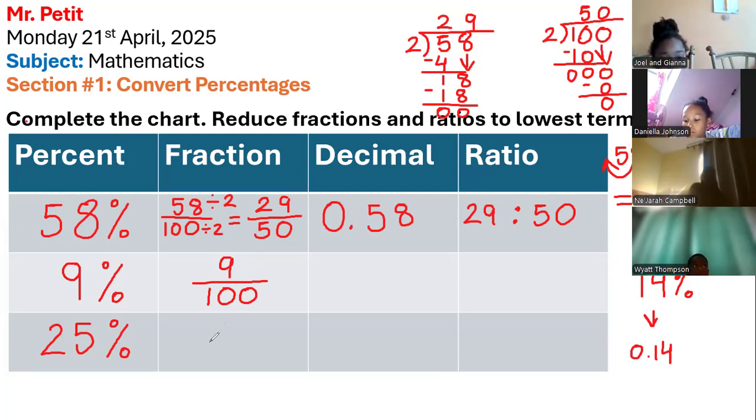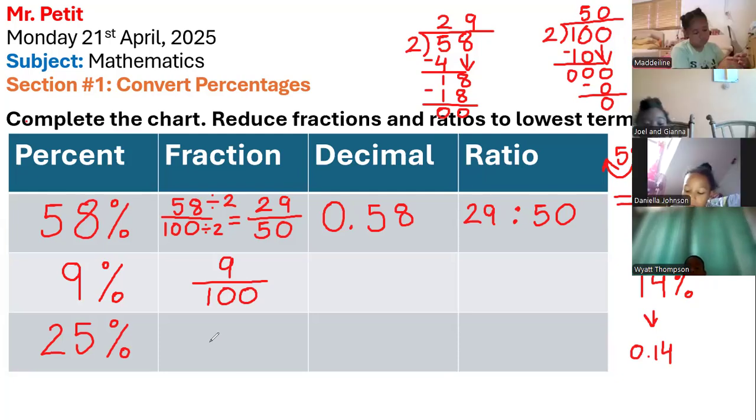So we have 9 over what? 100. 9 over 100.